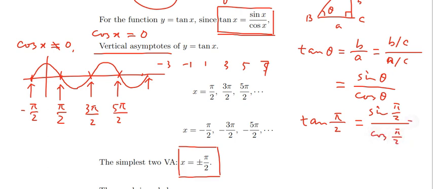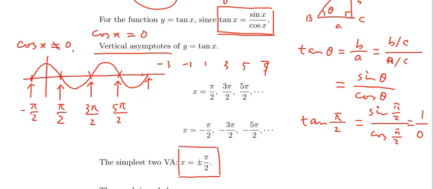Sine pi over 2 is 1, cosine pi over 2 is 0. For this reason, tangent pi over 2 does not exist, is undefined, or gives us an error message.